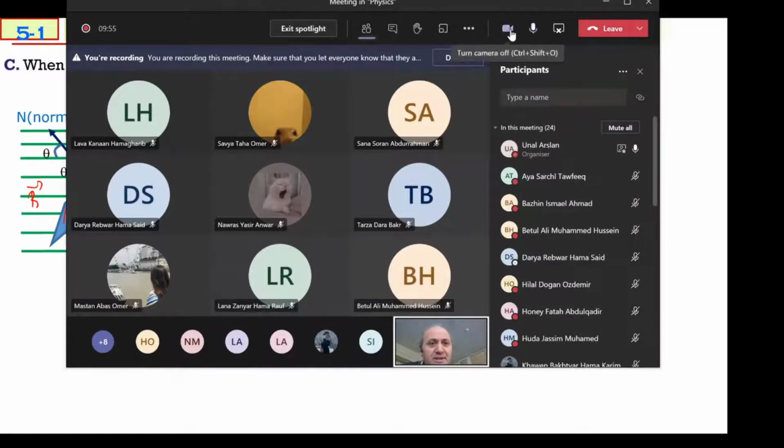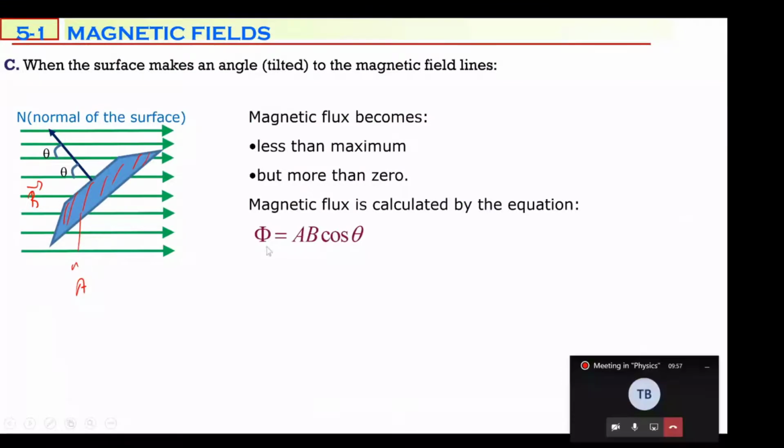In the 10th grade, when you studied mirrors and lenses, maybe you remember that you should draw a perpendicular to apply the law of reflection. The incoming light makes an angle with the normal, and the reflected ray makes the same angle. So in this magnetic flux equation, that angle is the angle between the normal of the surface and the magnetic field lines.